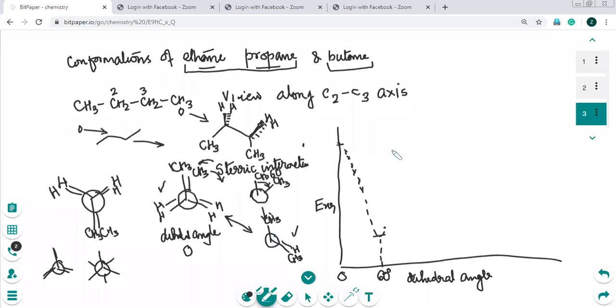So that will be a maximum lower than that of 0 degrees. So let me draw this way. This is the first maximum, and this is the second maximum at 120 degrees. Now let's move again 60 degrees.